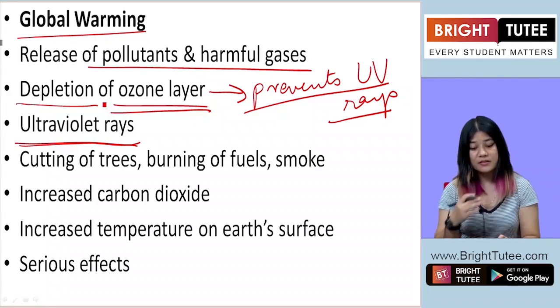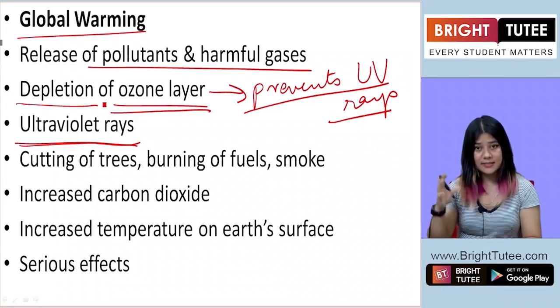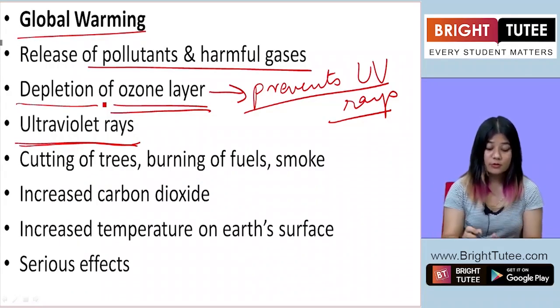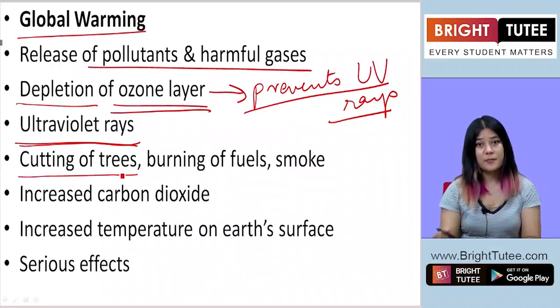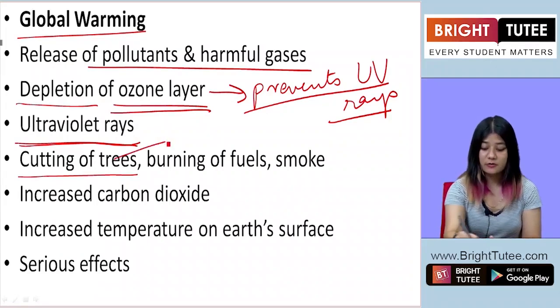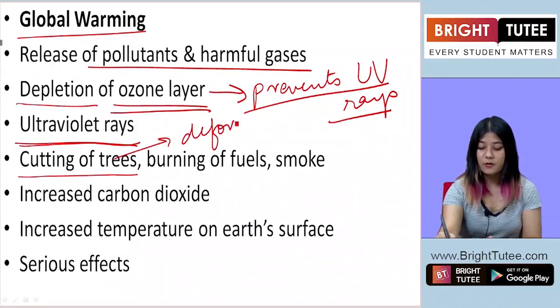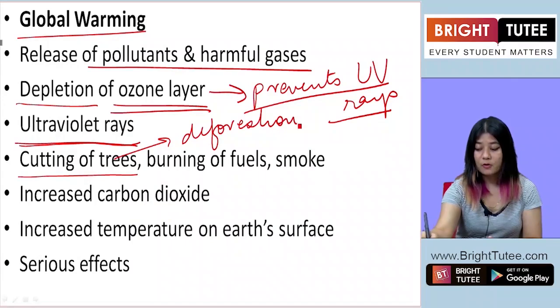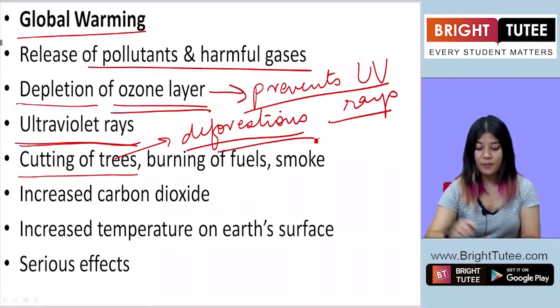Now, apart from the release of pollutants and harmful gases in the atmosphere, there are also cases of cutting of a large number of trees, deforestation. Okay? Deforestation is one of the causes of global warming.